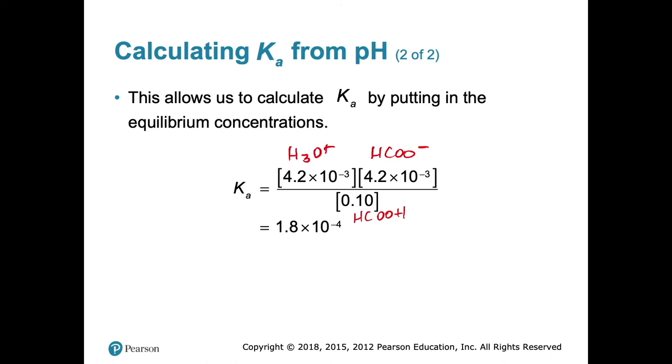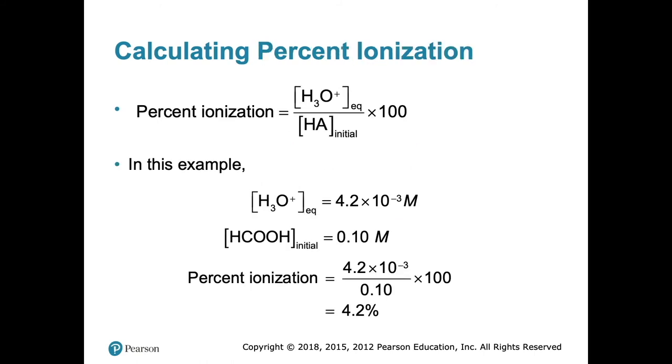It's good stuff. So the next thing you can do is calculate the percent ionization, right? Where you take the concentration of H3O at equilibrium divided by the initial concentration, which was the 0.1, and multiply it by 100.